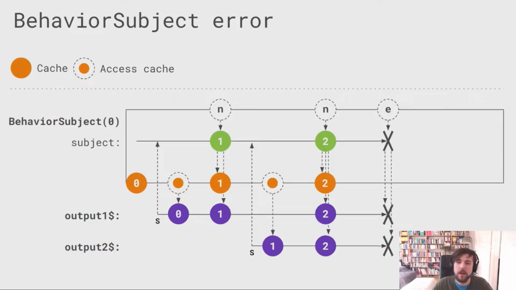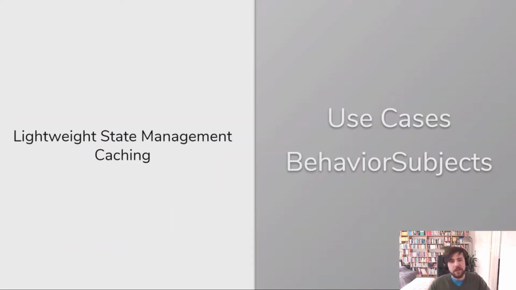And this goes in the same way for the error event. So a behavior subject could be used for building a lightweight state management system. I use it a lot in libraries like Rx Angular State and other state management libraries.